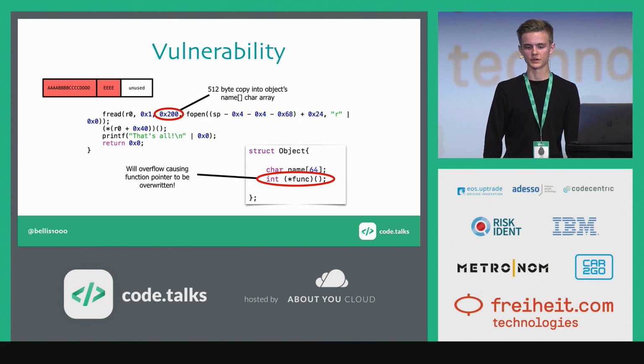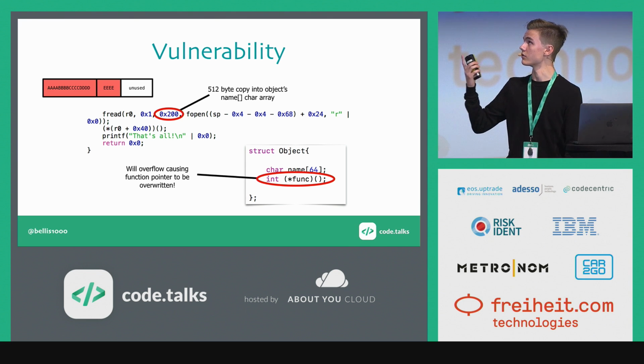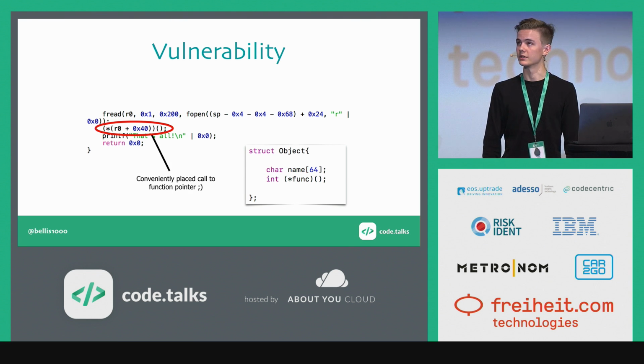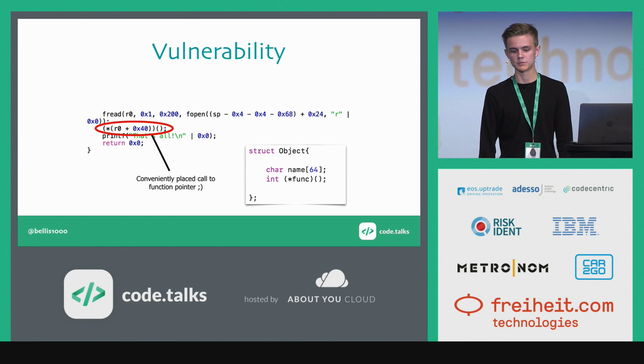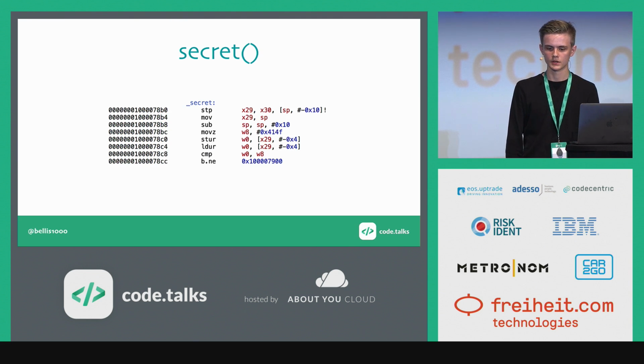It's very simple to trigger this bug. You just need a file that's more than 64 bytes long, and it will automatically overwrite that function pointer. Conveniently, that function pointer is called directly after the call to fread. It's a very artificial setup, but it will represent a vulnerability for us. And here's the C code equivalent if you want to see how that works.